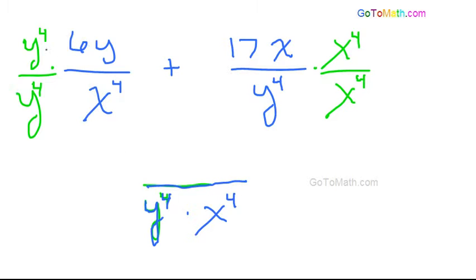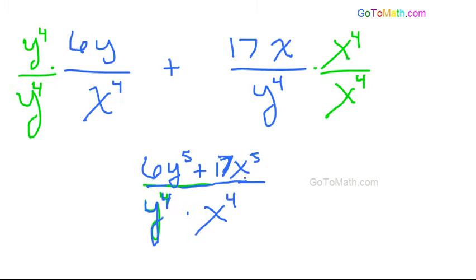Let's bring this 6 out front. We have a y to the fourth and a y, so we can join those together and add their exponents: y to the fifth. Plus, we do the same thing here, 17x to the fifth power. That's supposed to be a 17 there.